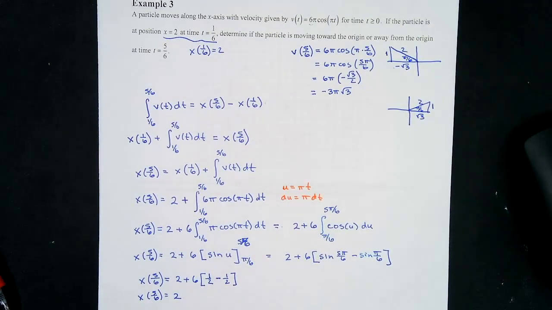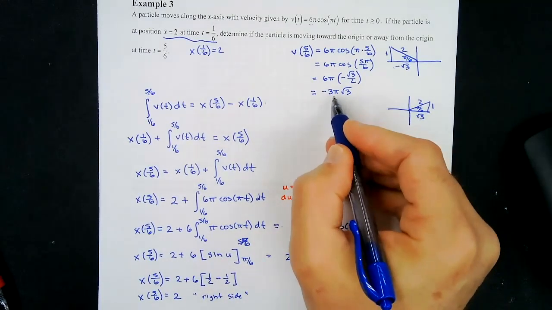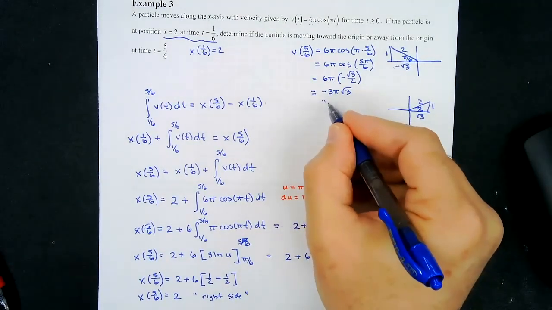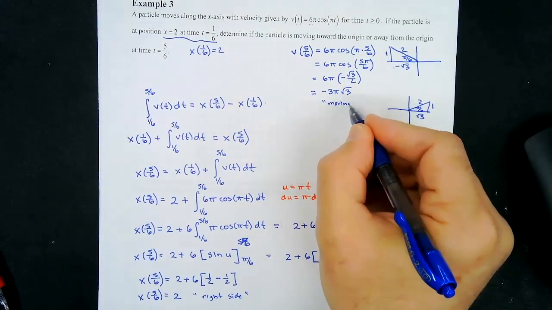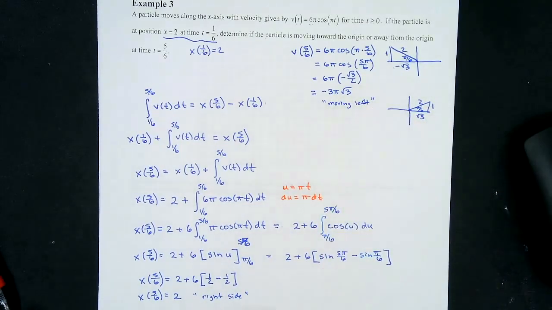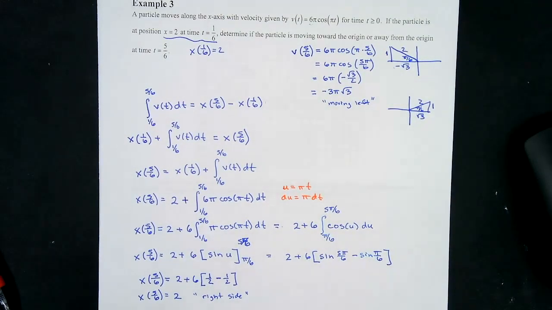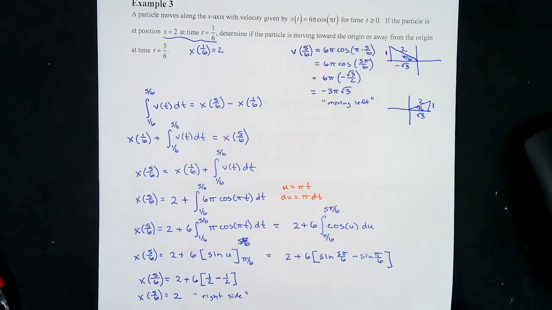So now what do we know? We know our position is positive, so we have a positive position, and this is telling us we're on the right side. And this velocity up here says we're moving left. So if we're on the right side moving left, that would mean that we are moving towards the origin.